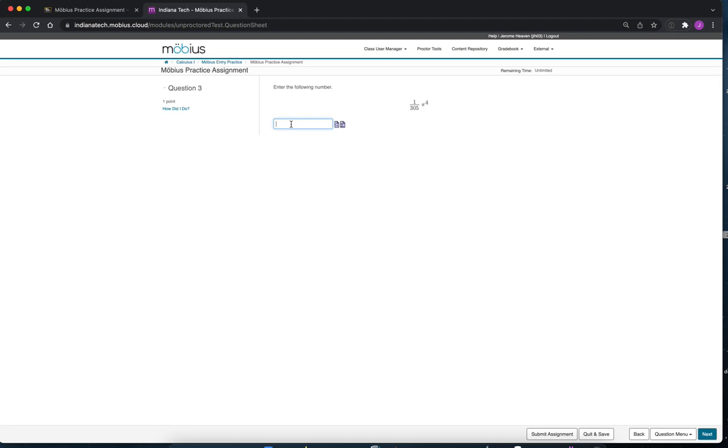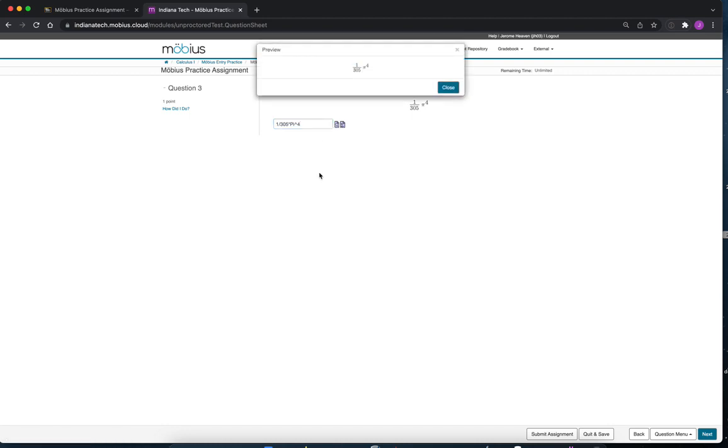So let's see if we could type this one in as is. So it's 1 divided by 305, and then it's times pi. Remember, that's uppercase P, lowercase I, and then it's raised to the 4th power. So shift 6 to get the exponent or the caret, and then just put a 4 there. And let's look at our preview, and it is perfect.